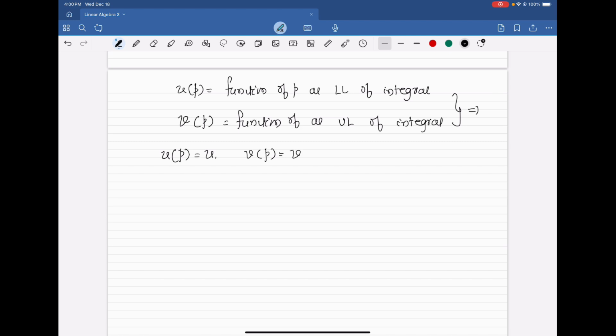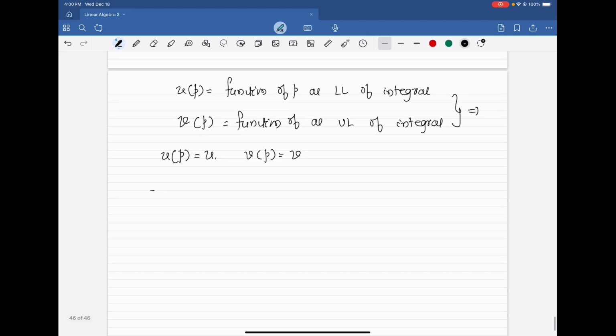Then how can we write the Leibniz rule? d by dp of integral U to V of function f(x,p) dx is equal to integral U to V. These U and V are functions of the variable p. They are not constants.